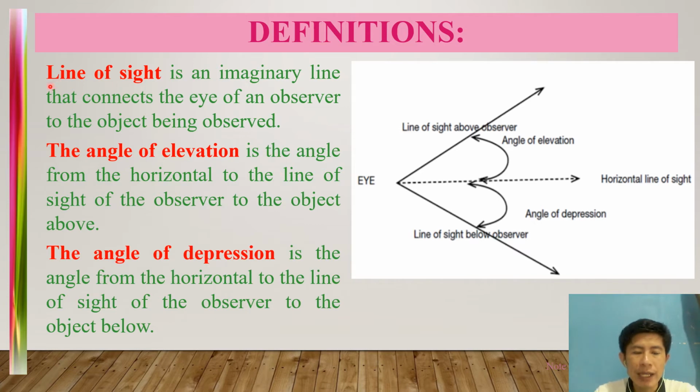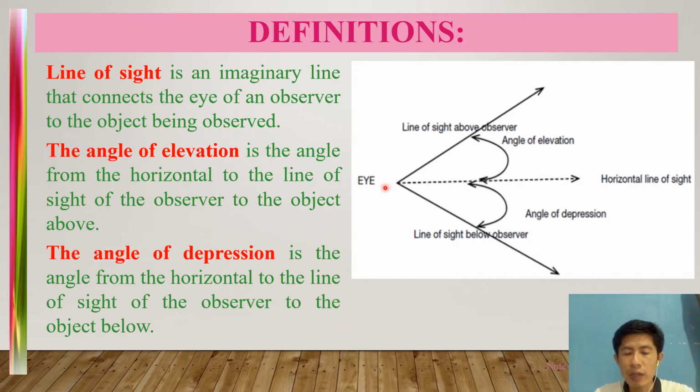And in this line of sight, if we look at the illustration, this is the eye of the observer. For example, ikaw, nakatayo ka dito sa floor, and this is your eye, or two eyes.